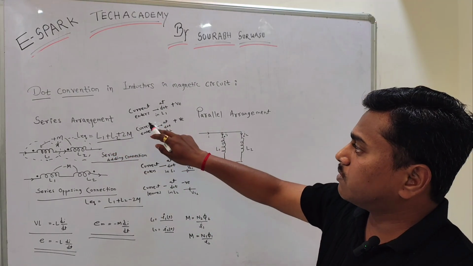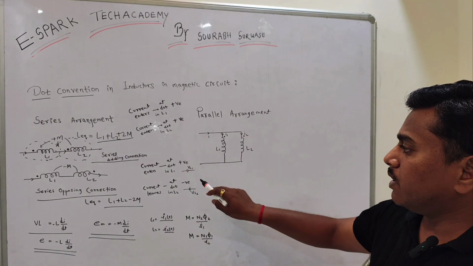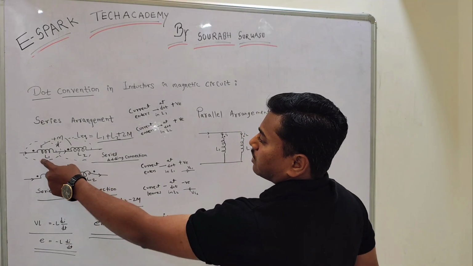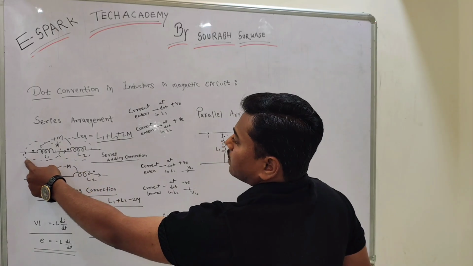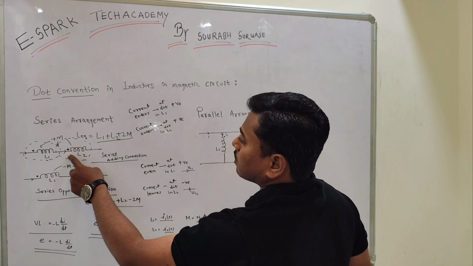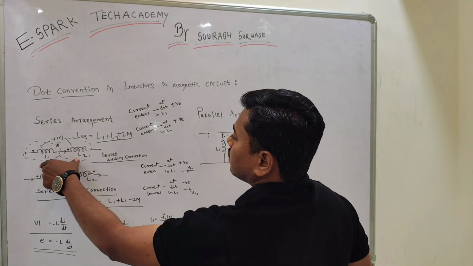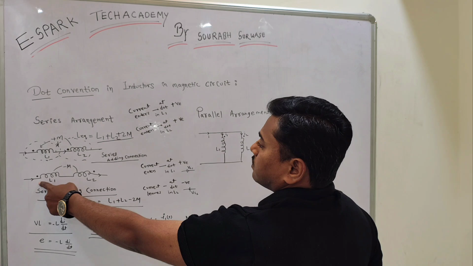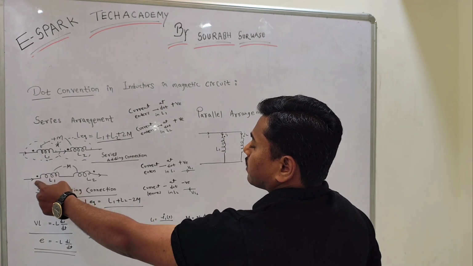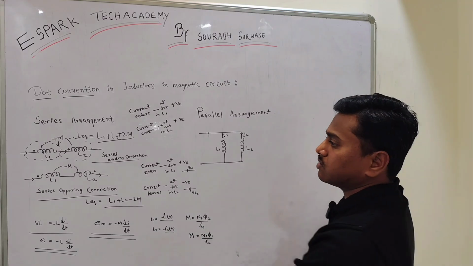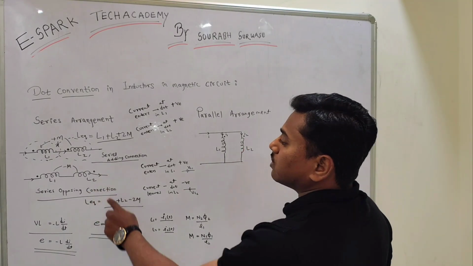Already I have explained the dot convention. When the dot convention is positive, current is entering at one dot, and I1 is entering from that dot connection, and I2 is also entering from the dot connection. That's why we take it as addition. In the second example, in opposition, I1 is entering at the dot connection but I2 is leaving the dot connection.